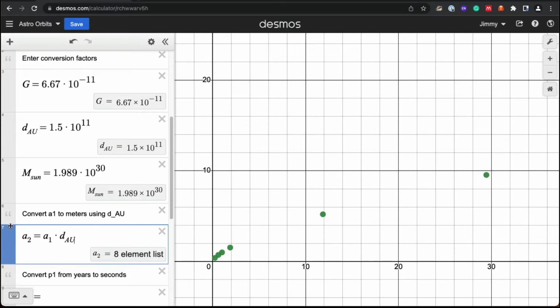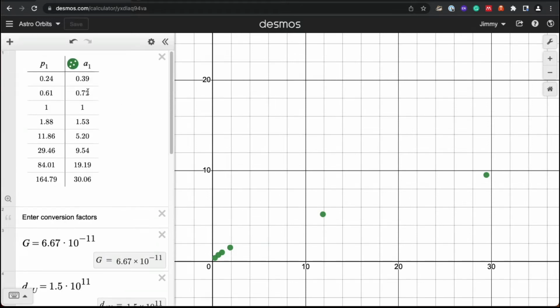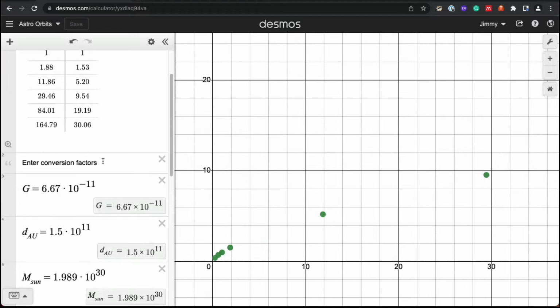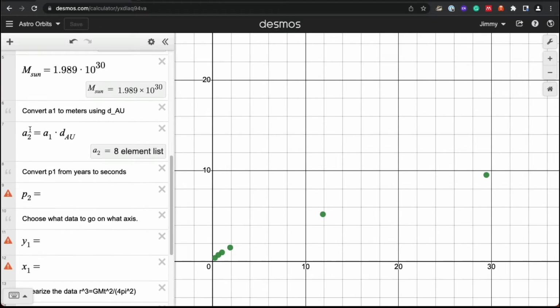The cool thing about box number 7 is that it does that for all of the items in A1. Even though I'm not explicitly telling Desmos to do that, if you multiply a list in Desmos by a single constant, it goes through and multiplies each item by the constant, and now it's in a new list called A2. So A2 is all of the distances, converted from AU into meters.